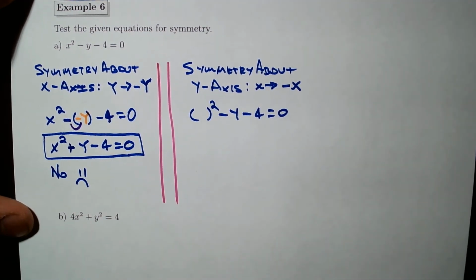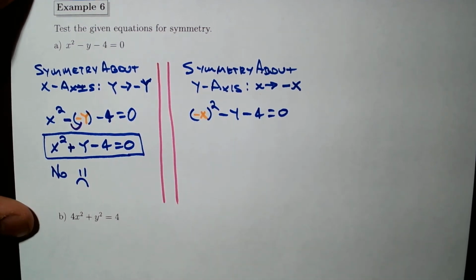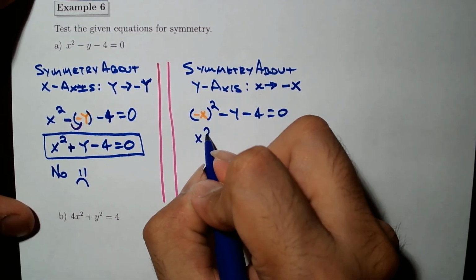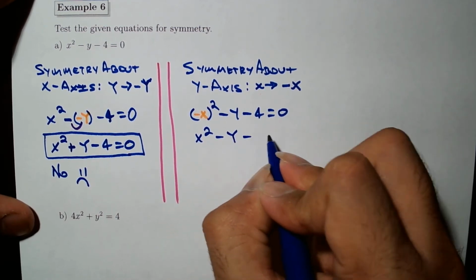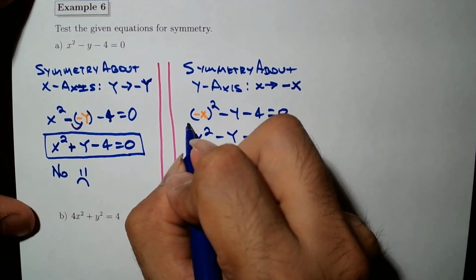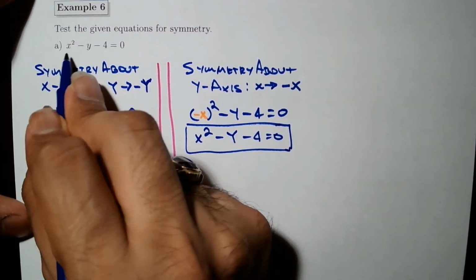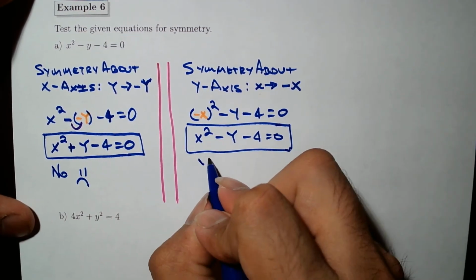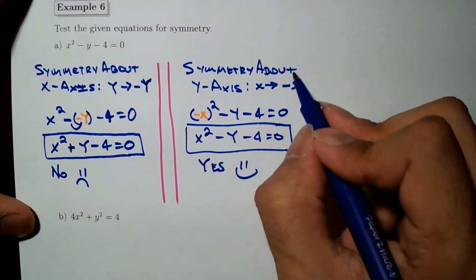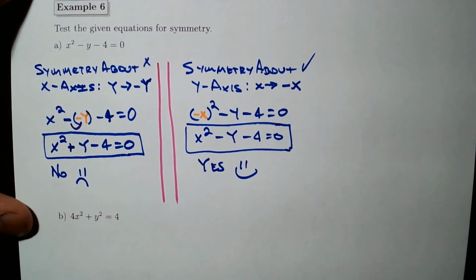Negative x squared gives us positive x squared. Look at this equation and compare it with the original one. In this case, yes, it is symmetric about the y-axis.